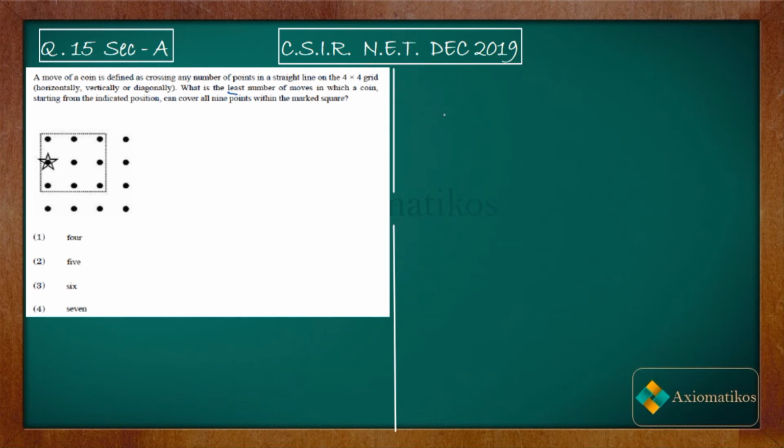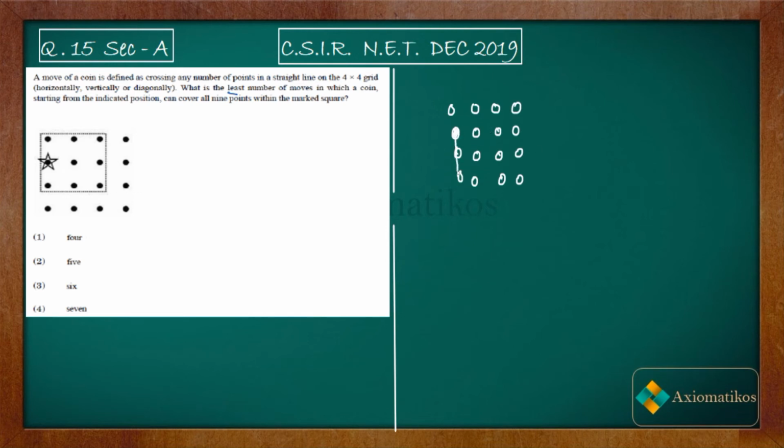Alright, so now let us draw a 4x4 grid. So let us say this is your 4x4 grid, and we have to cover all the 9 dots in this square. You have to move from this position. So what is the strategy? The strategy is very simple.